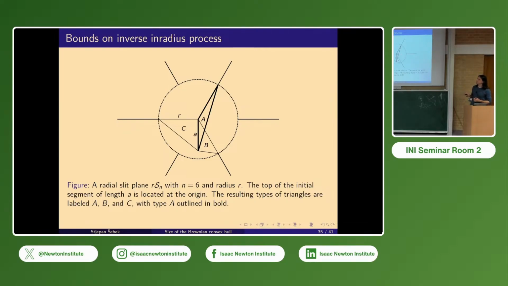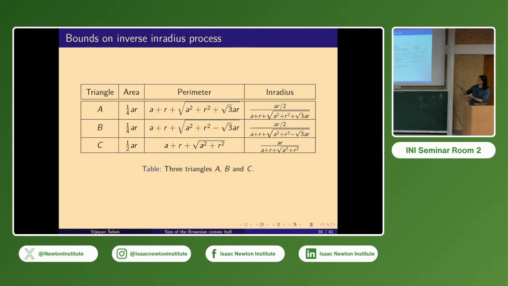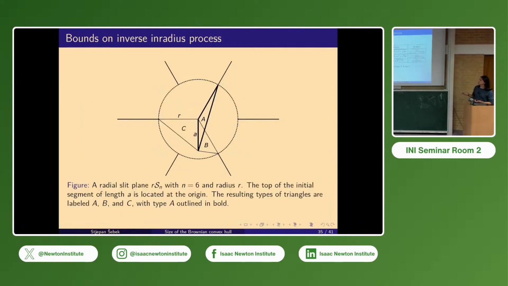And of course the worst case scenario, which is clear from the picture but you can also calculate, is triangle A. This one has the smallest inradius. But for sure, after we waited for our Brownian motion to have the segment of length A inside, and after that we wait until we hit one of these slits, we will end up with a convex hull that contains the inscribed circle of triangle A, a circle of at least that size.